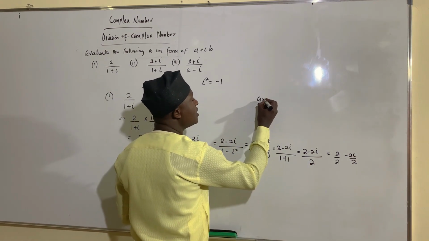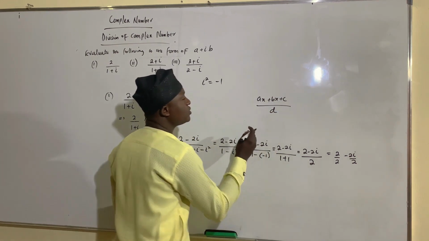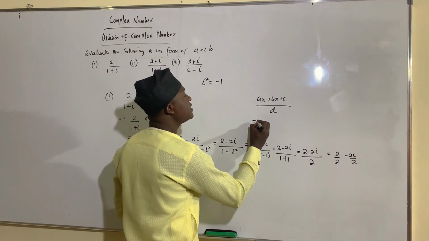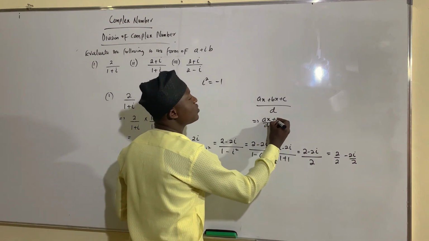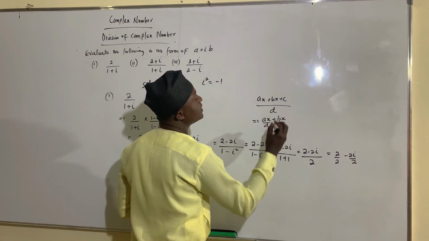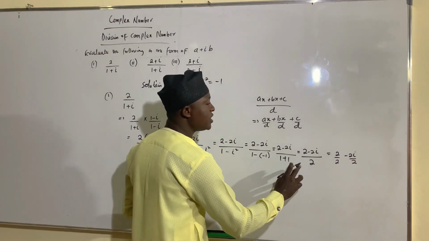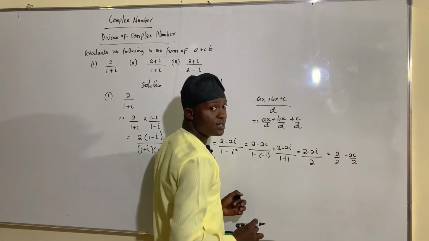If I have something like AX plus BY plus C over D, I can use this D to divide the terms one after the other. This can be AX over D, the first one, second one BX over D, the third one C over D. That's what we are trying to do here. So I want to use these 2 to divide the first term as well as the second term.